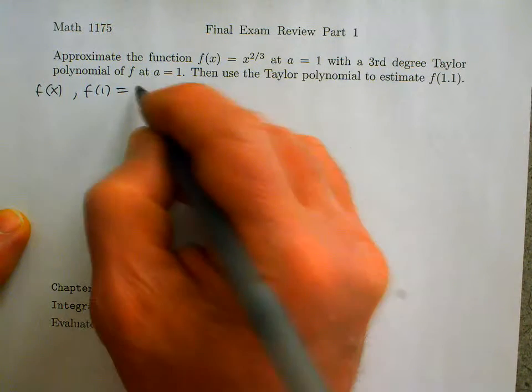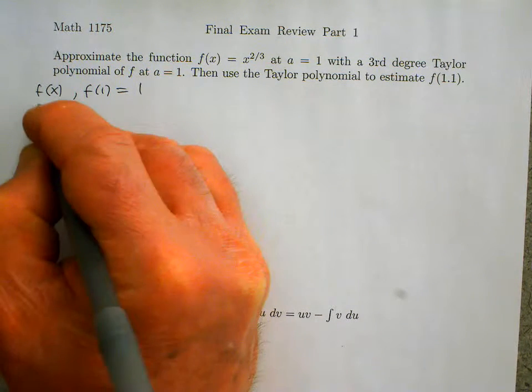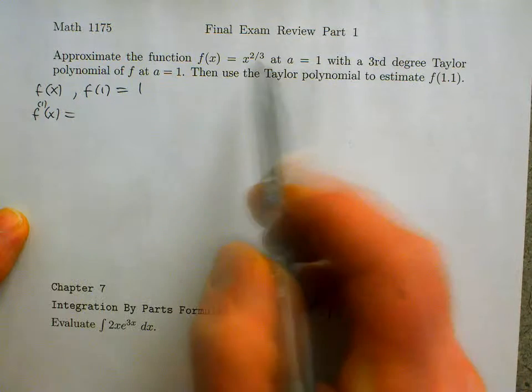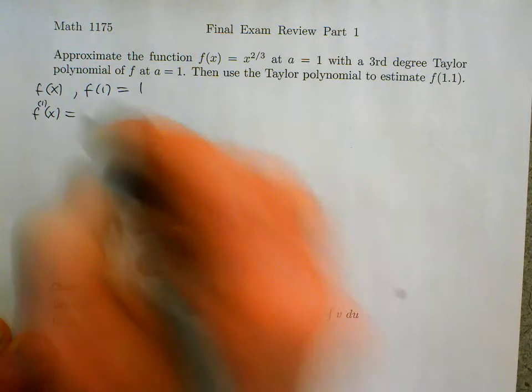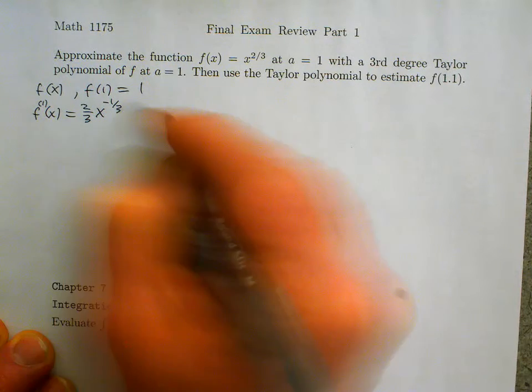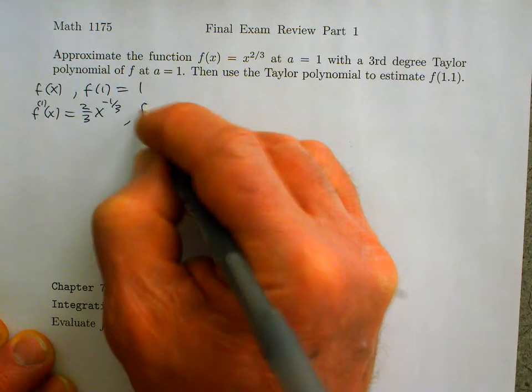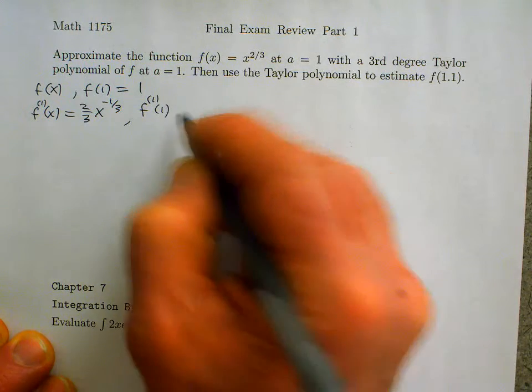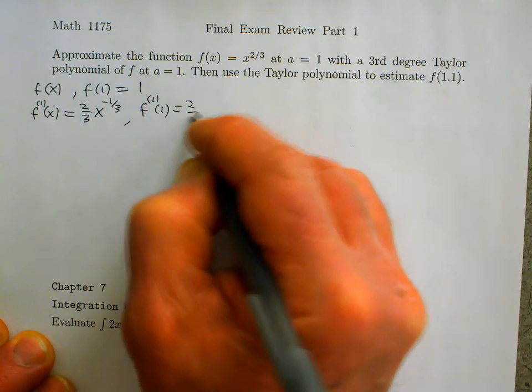So f of 1 is 1. The function is x to the 2/3, so the first derivative is 2/3 times x to the negative 1/3. Evaluated at a equals 1, we get 2/3.